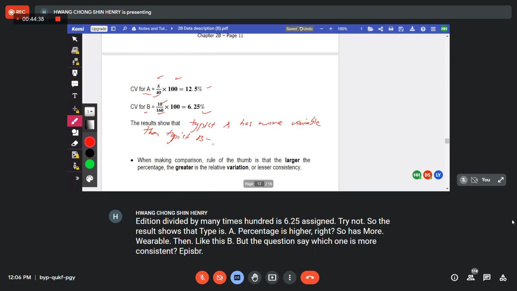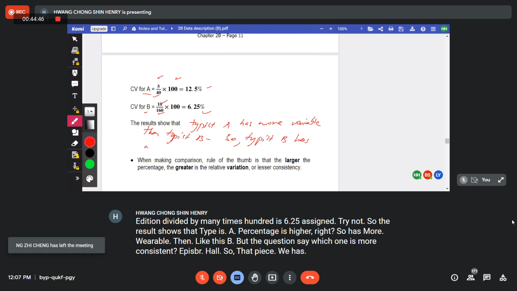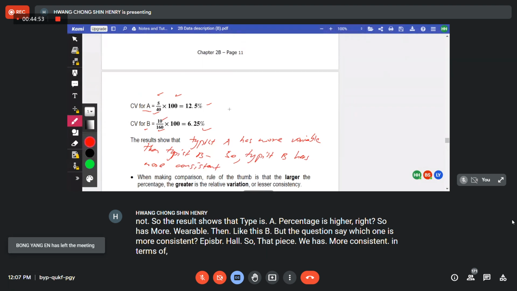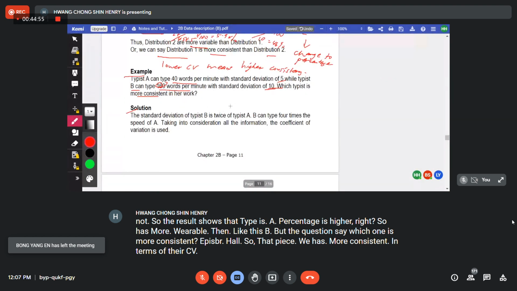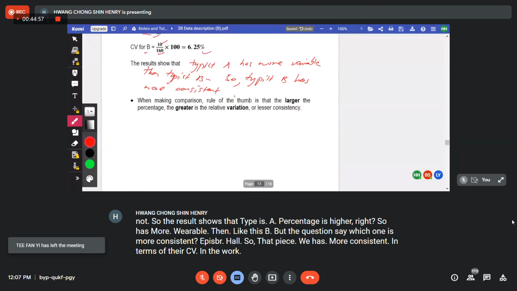Typist B. So typist B is more consistent in terms of their CV in their work, because the variation is lower.